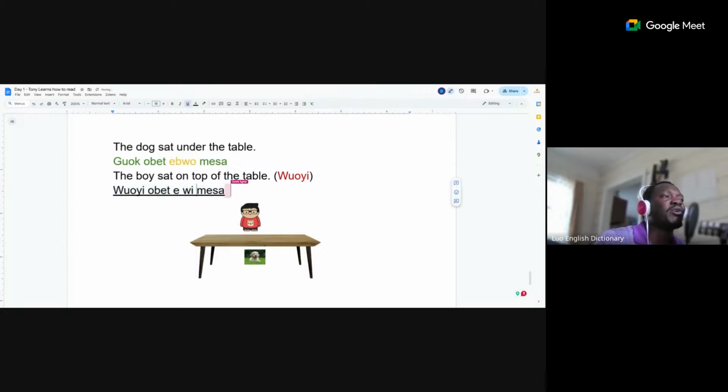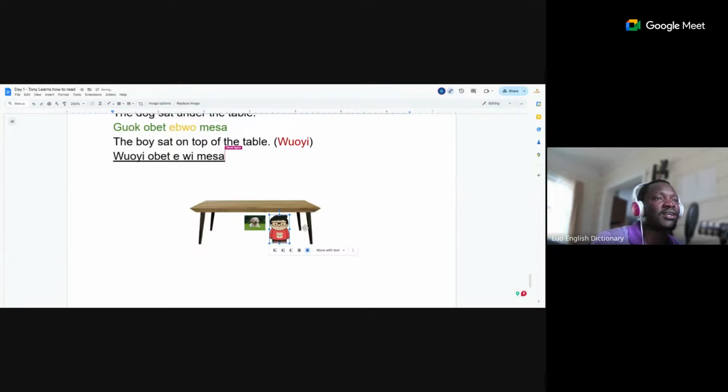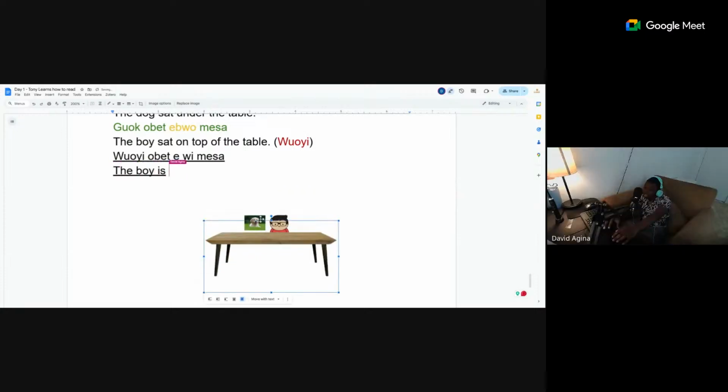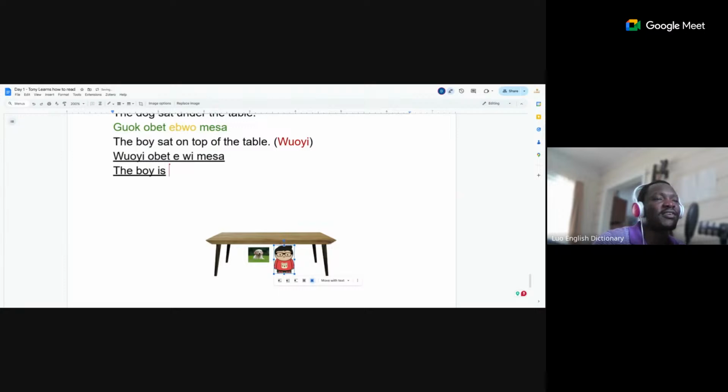Can we now put the boy under the table and now type the boy is under the table in Lua. Let's see whether you get it right. You mean the boy sat under the table or is under the table? Whichever. We want the structure that you had before.